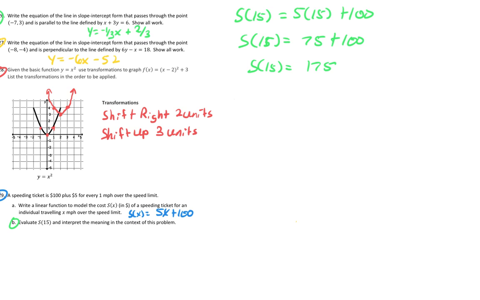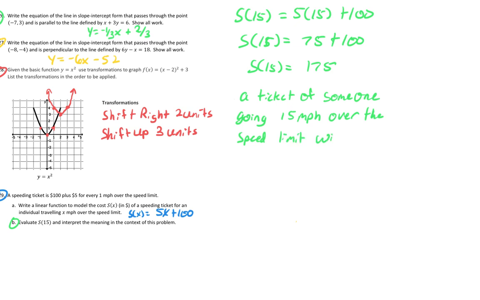So a ticket of someone going 15 miles per hour over the speed limit will cost $175.